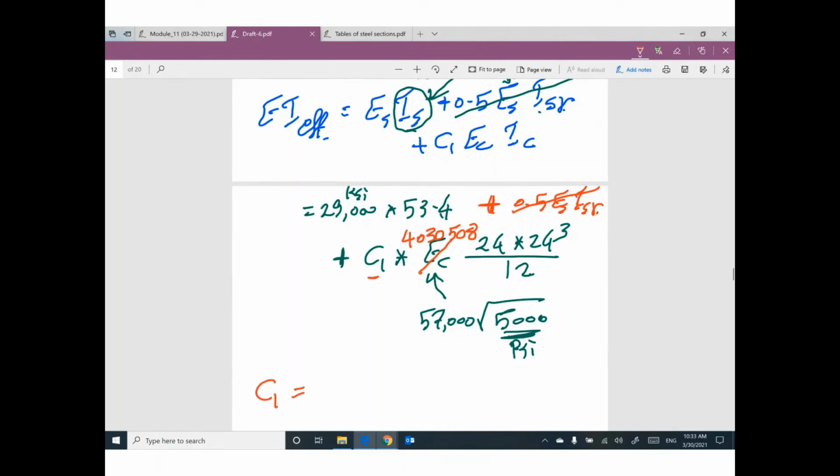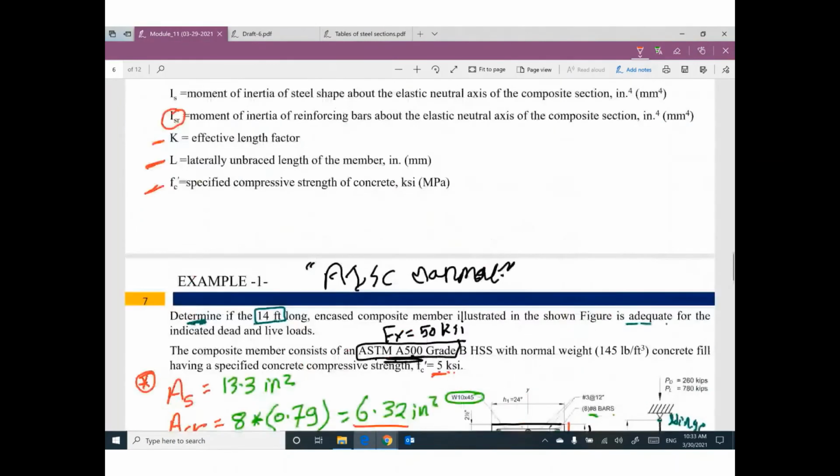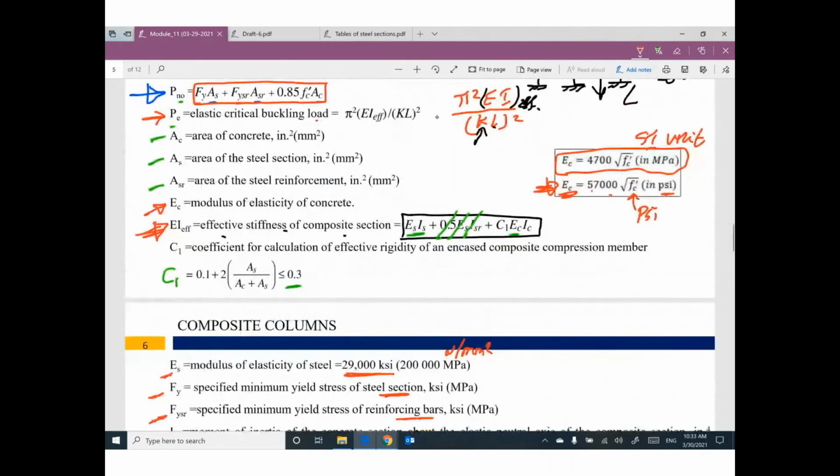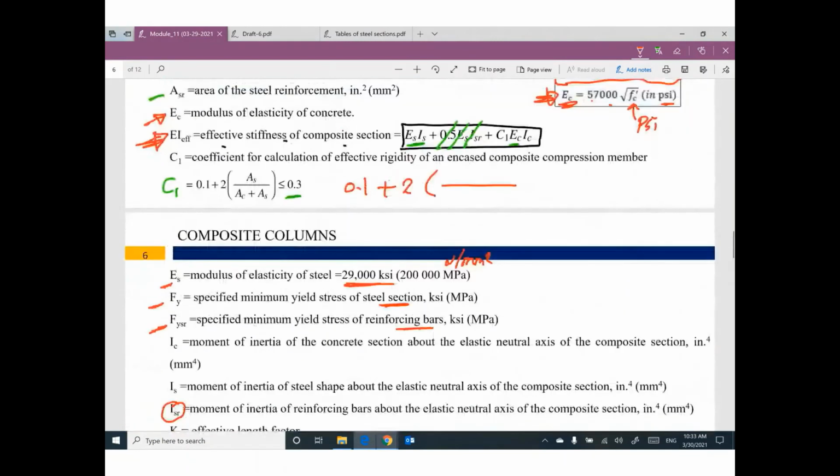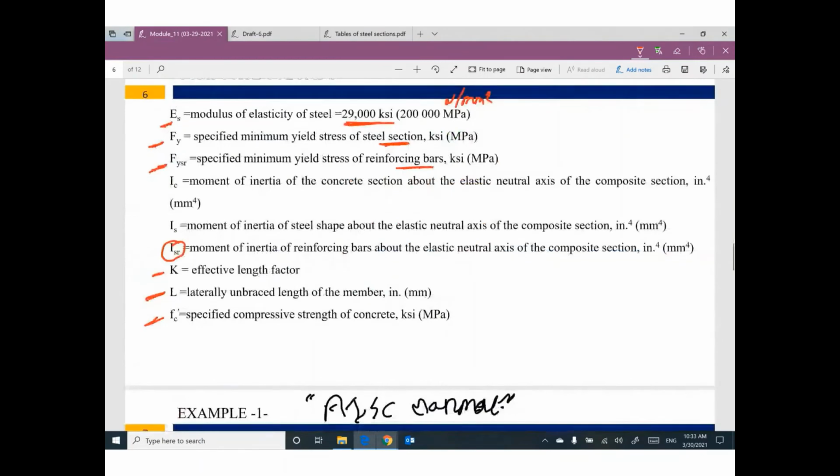What about C1? C1 equals 0.1 plus 2 times area steel divided by area concrete. Let's do it here. 0.1 plus 2 times. What is the value of area steel? 13.3. Divided by area concrete.